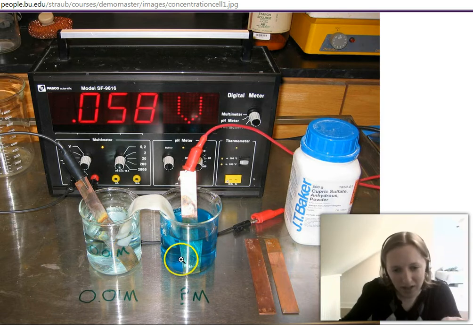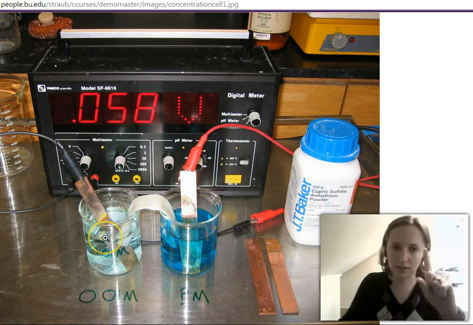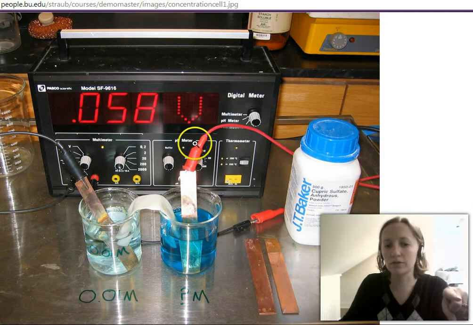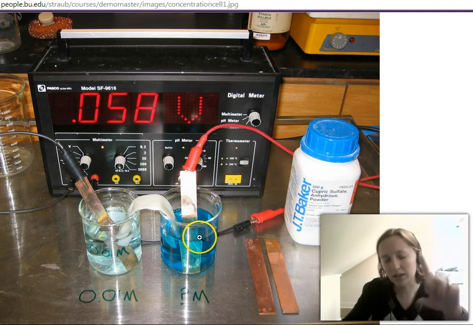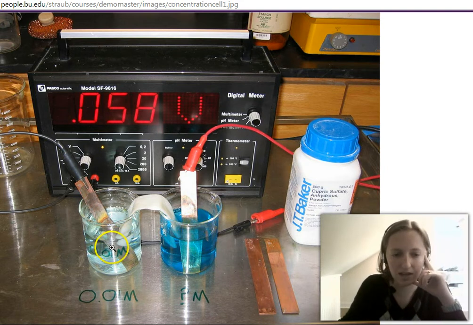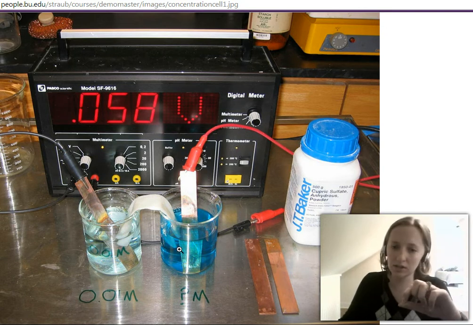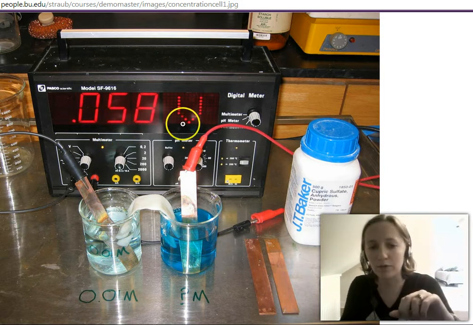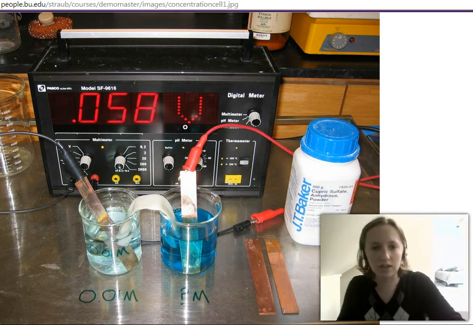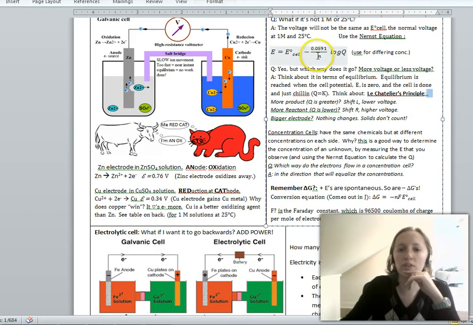So the copper is hopping off here and sending its electrons around and through from the left to the right, and the copper is hopping on here, so this is the same direction as a standard picture is done, so that this is the anode and this is the cathode. Because this is not under standard conditions, it does indeed have a voltage, and you can use the Nernst equation in theory to figure out what the voltage would be.